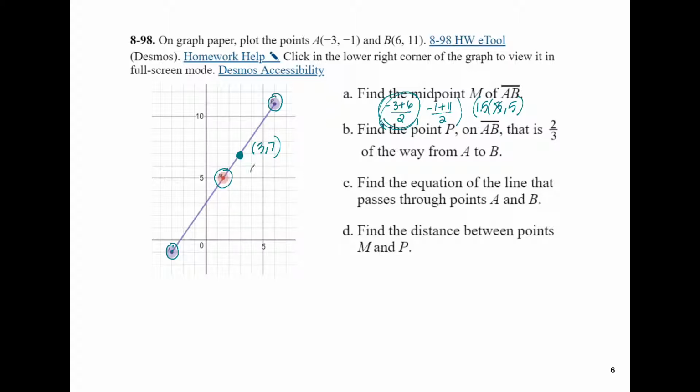So we have 1.5, comma 5. Sorry about that.